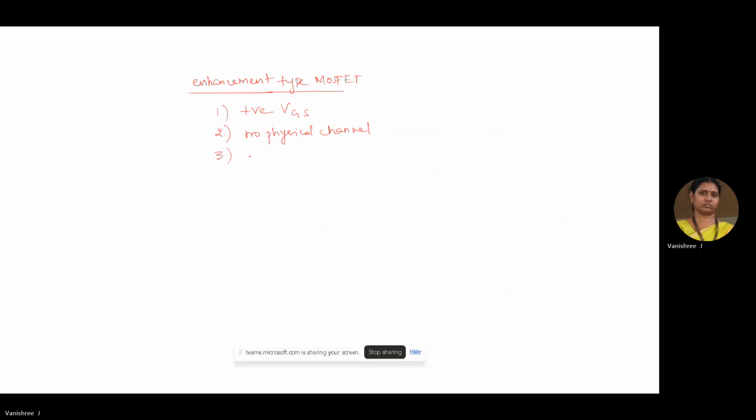And that is why it is called a normally off MOSFET, since it doesn't have the minimal value of IDSS when VG is equal to 0. So if you take the N-channel MOSFET, this is how the substrate is extended throughout.